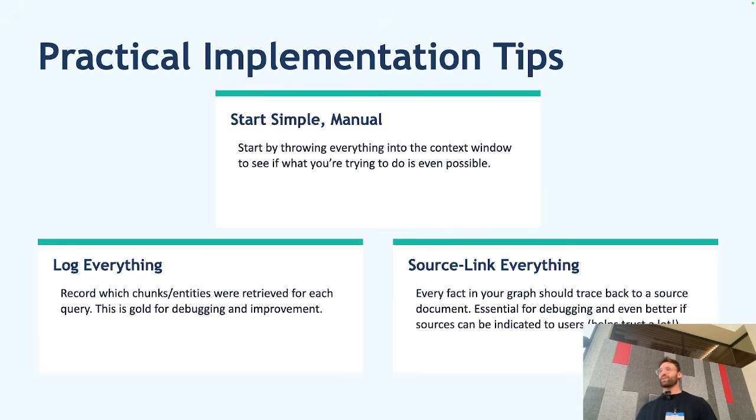So, practical tips for starting and implementing a system like this. The first thing you should do is manually find an example of whatever document you foresee being used by the system.